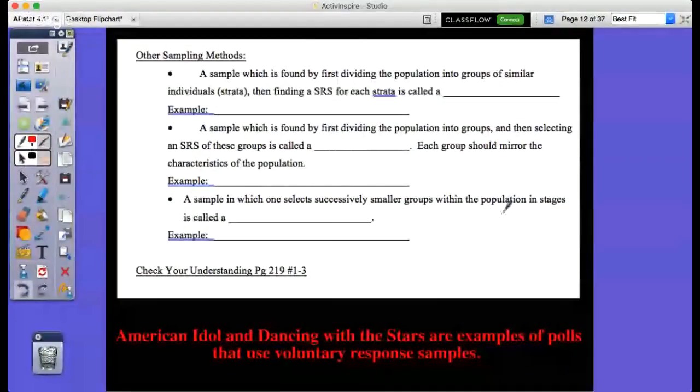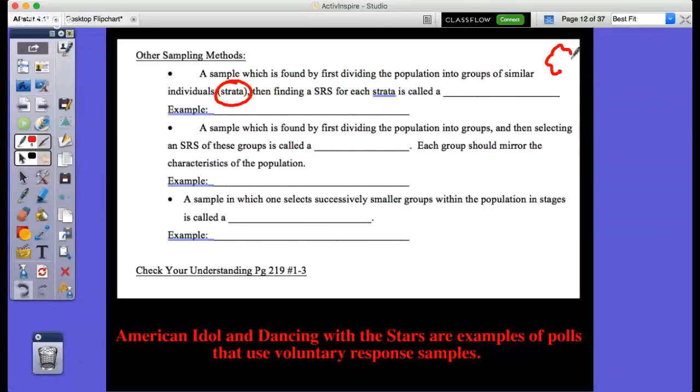We talked about how when we divide into strata, that's very important, right? When we have strata, we have different mini clouds. Let's say we have strata of freshmen, sophomores, juniors, and seniors, and we were talking about the retreat.